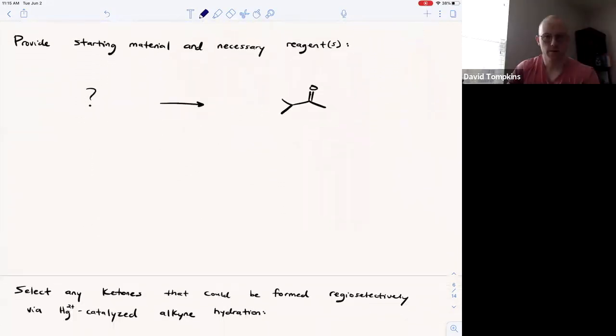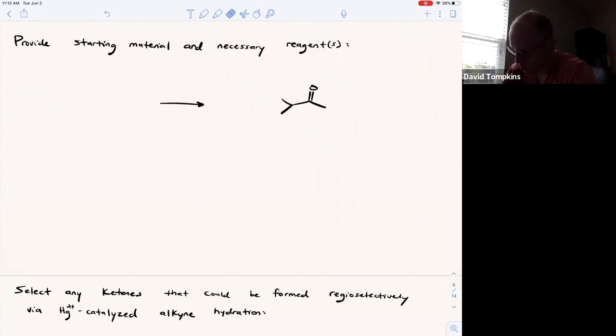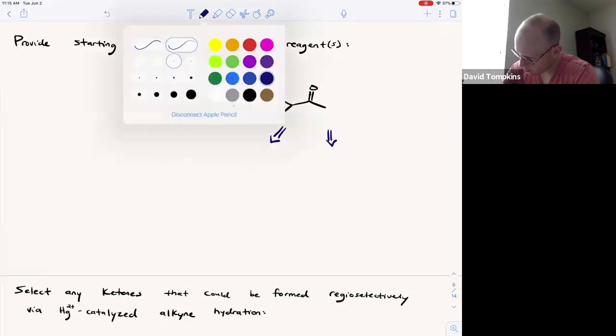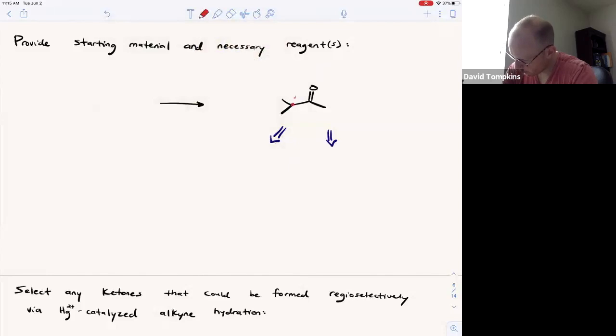Okay, so another type of question you could see is retrosynthesis, where you're asked to give the starting material. And what I do for this is I think backwards: what are two possible enols that I could have had here? There's an alpha carbon with an acidic proton on each side. So maybe I could have had two different enols possible.